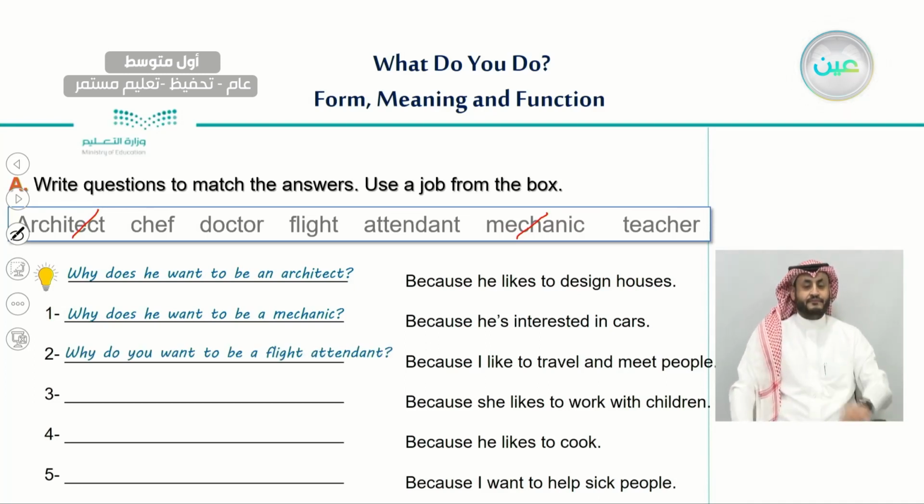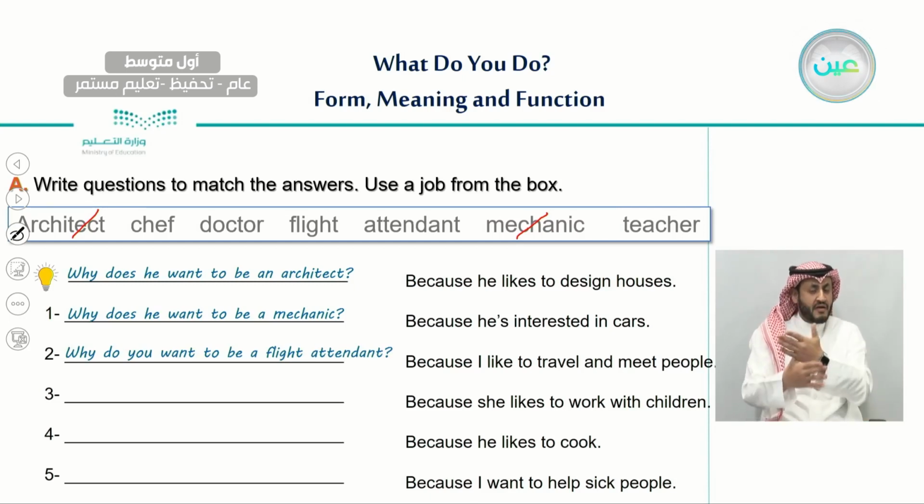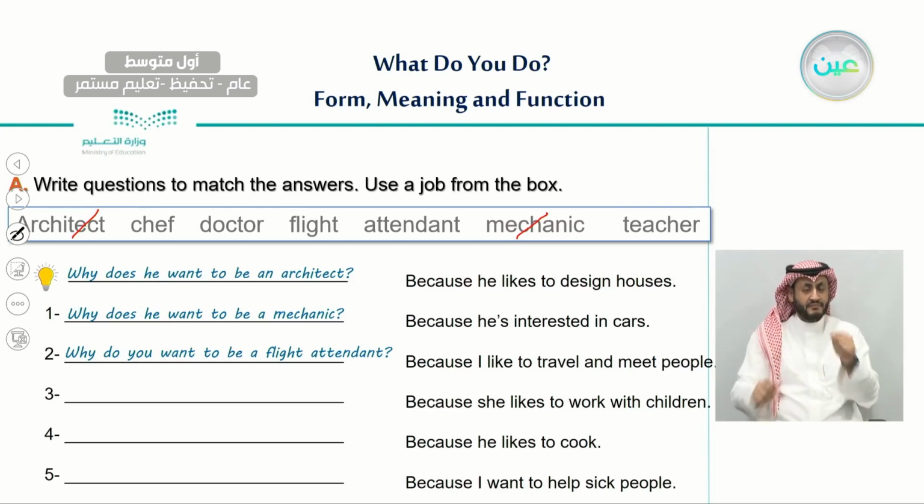So the question will be, why do you want to be a flight attendant? And be careful of those subjects. For example, here we use the subject he, and in this one we use I. So it's important to learn what the subject is so we can make a proper question. So here we're going to cross the flight attendant.